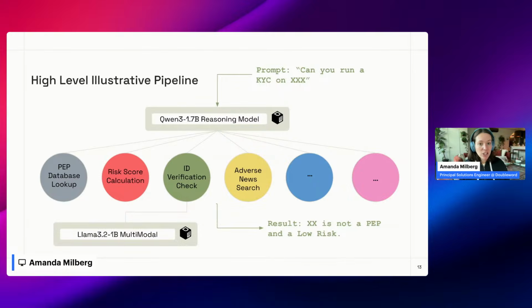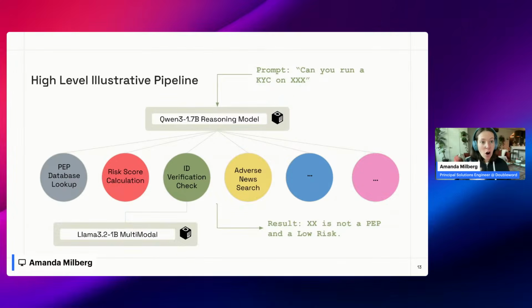Like I mentioned before, these tools can be all different, but we have a database lookup that looks in the politically exposed persons database. We do a risk score calculation where we take a bunch of these inputs and then give a high, medium, or low risk score. We might also do an ID verification check.